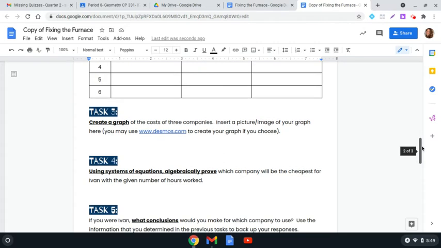Task 3, I'm asking you to graph. You'll work on task 4 with me tomorrow. So your goal today, I want you to finish tasks 1, 2, 3. Stop there. Tomorrow we'll start task 4 and 5 together. Okay.